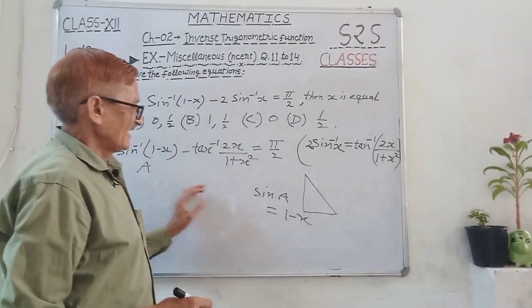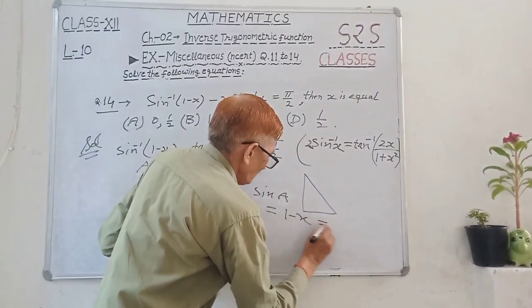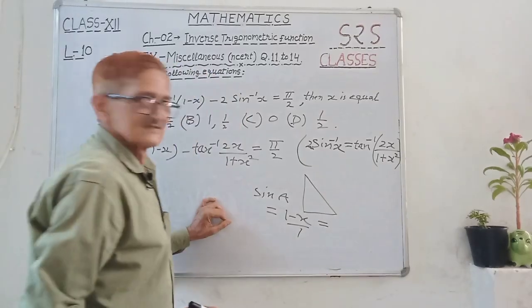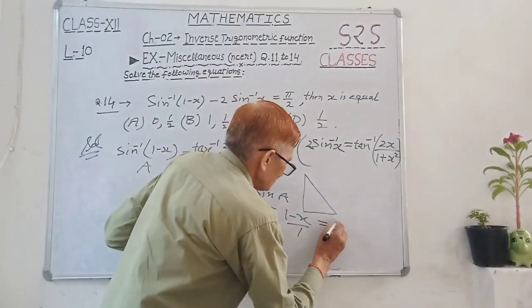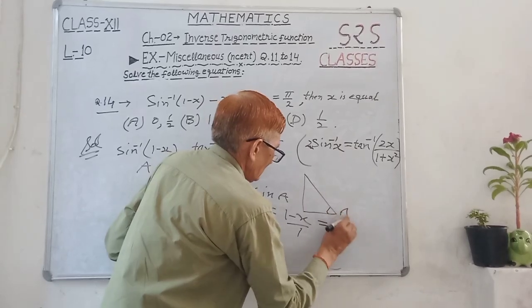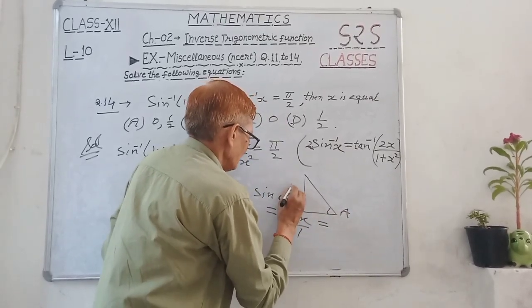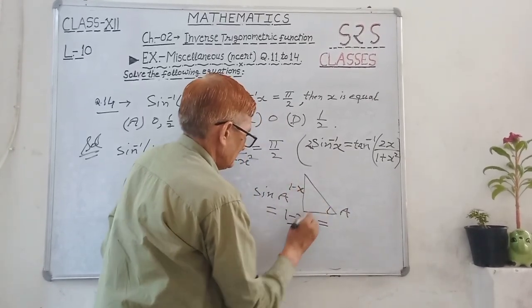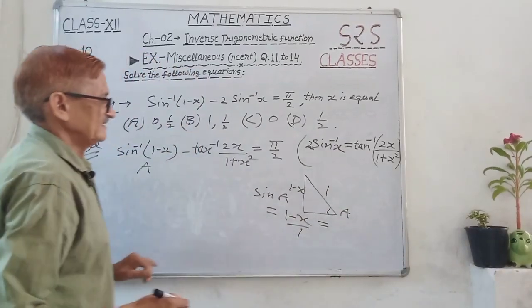Sin theta is opposite upon hypotenuse, so the opposite side to angle A is 1 minus x and the hypotenuse is 1.